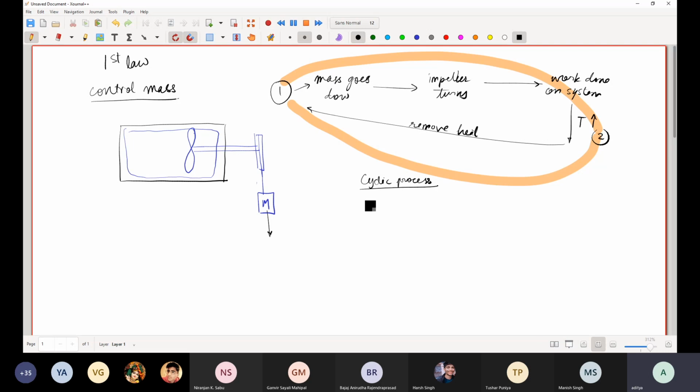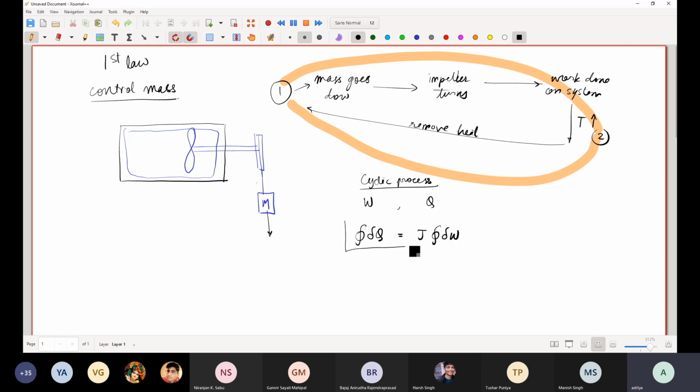You did a certain amount of work and removed a certain amount of heat. It has been found historically that in this process, the total amount of heat transferred is proportional to the total amount of work done.